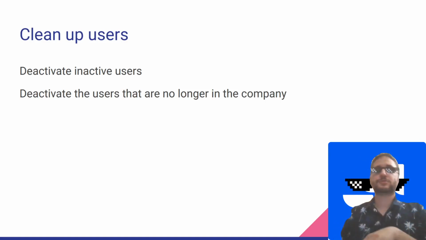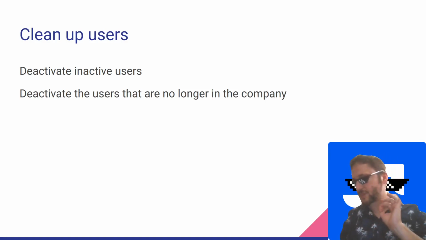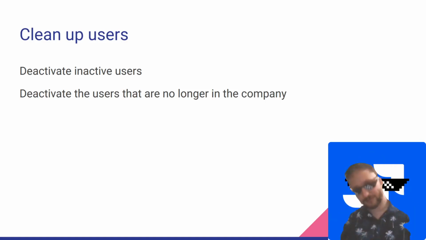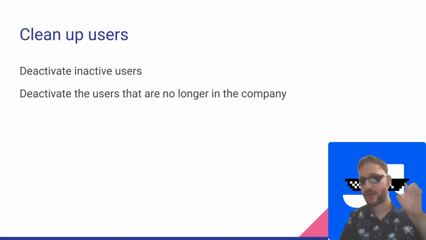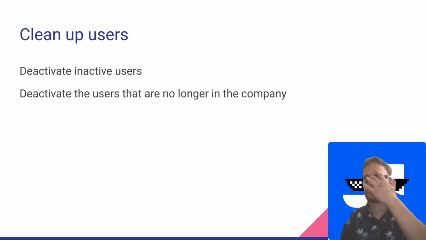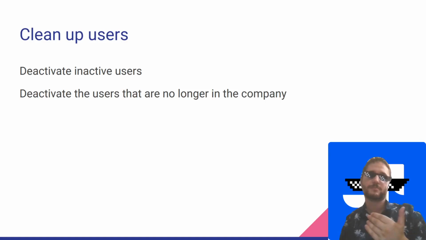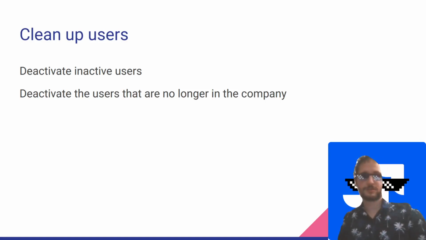Clean up the users. Another important thing. If you have some users that have left the company, deactivate their accounts. If you have inactive users that have not been active for a really long time, deactivate them.